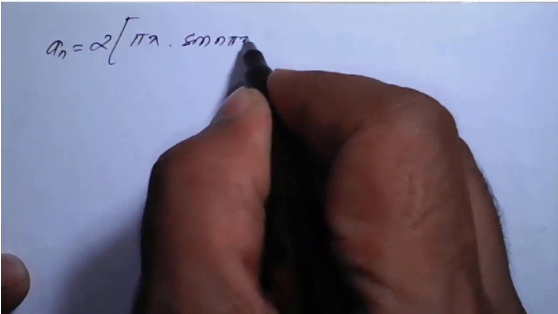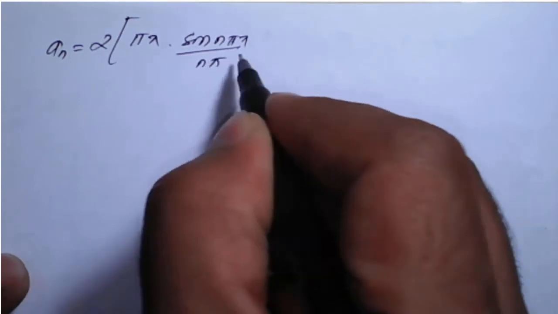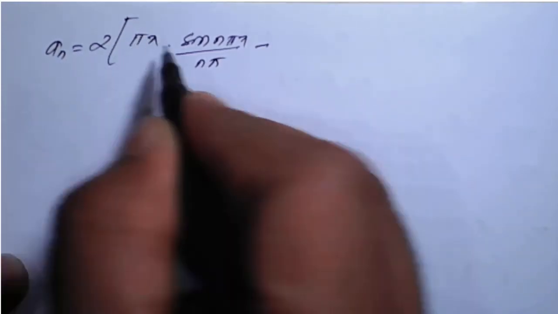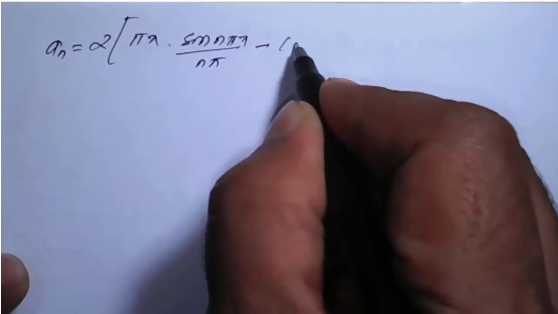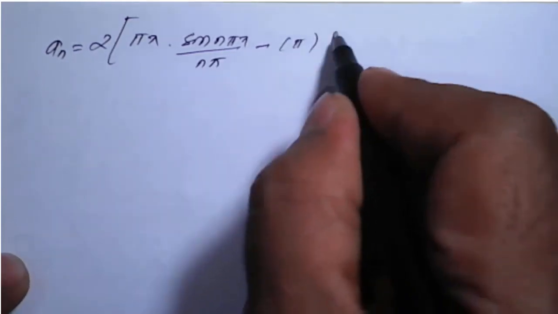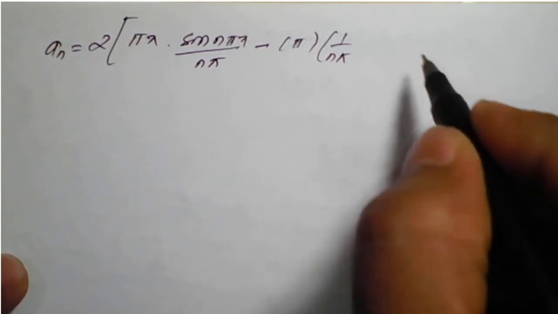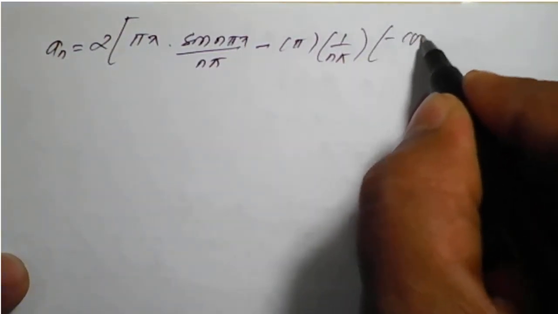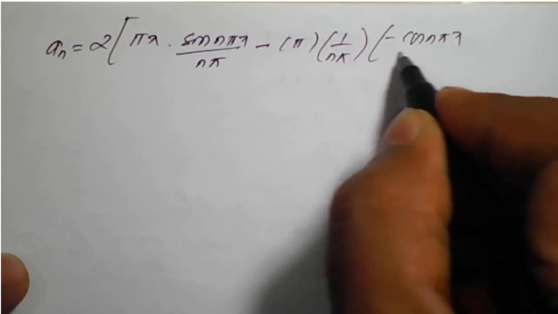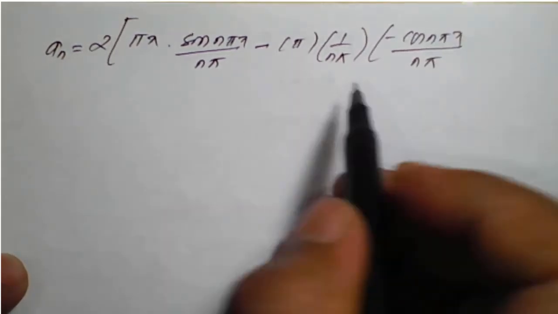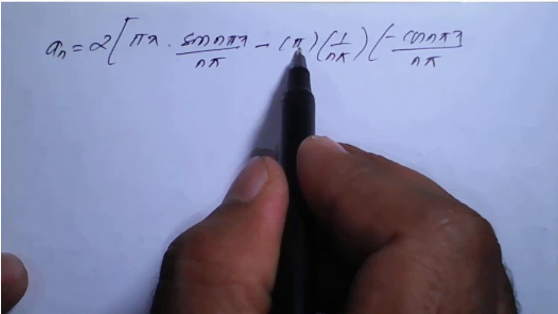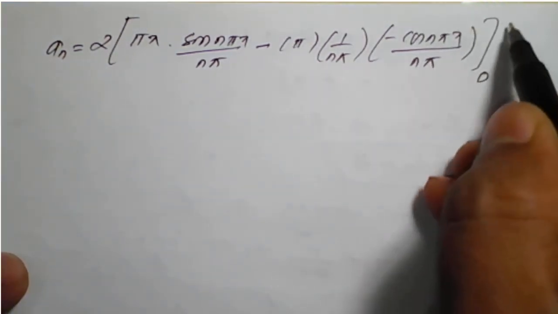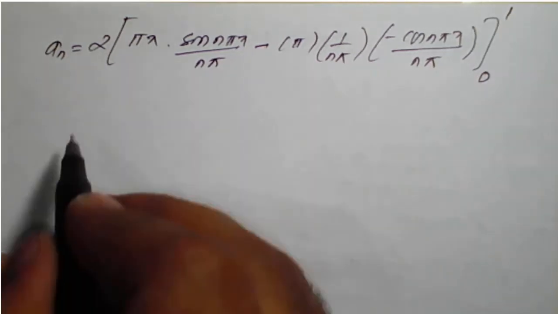Sine n pi x upon n pi. Formula: minus differentiation of pi x, which is pi, into 1 upon n pi, you carry. Integration of sine n pi x is what here? Minus cos n pi x divided by n pi. Differentiation of pi, which is constant, is 0. So we'll stop it and we'll say the limit, what here? 0 to 1.